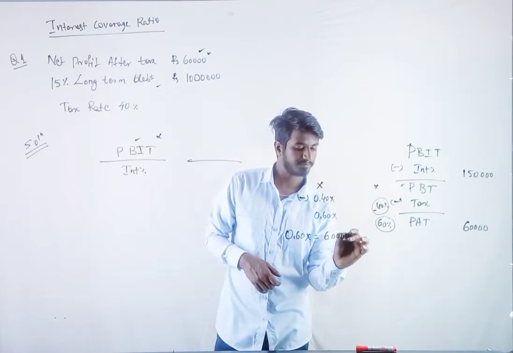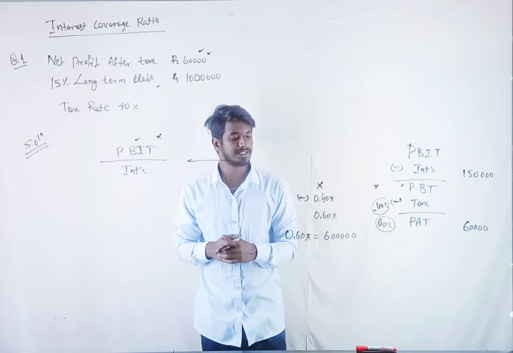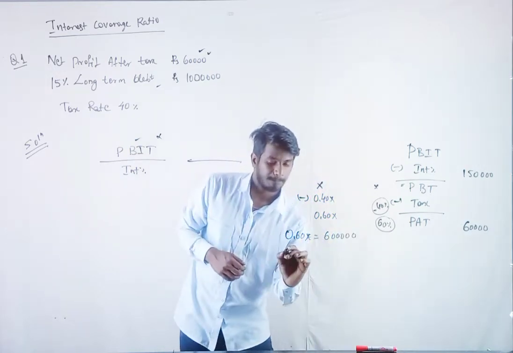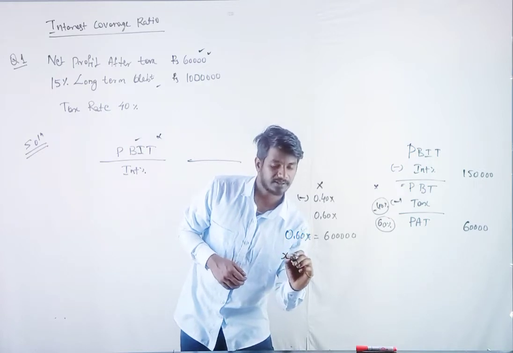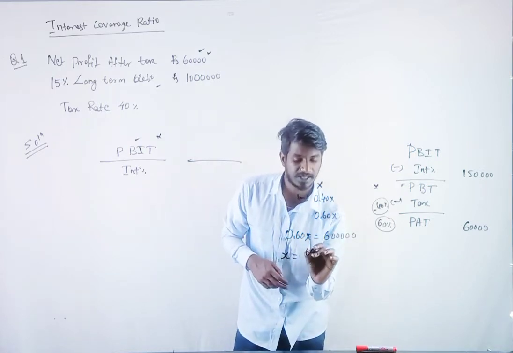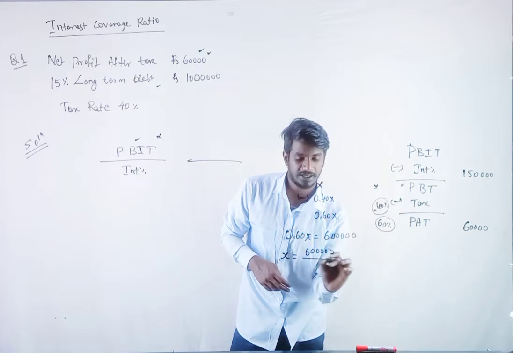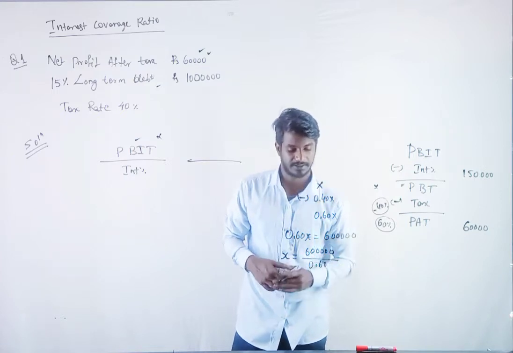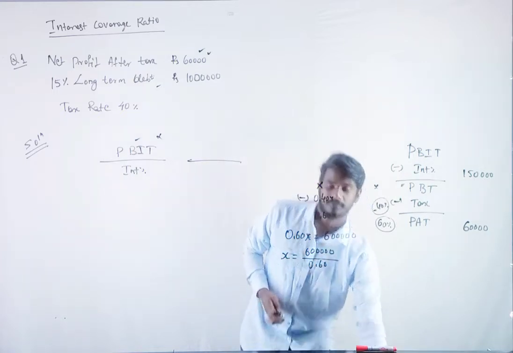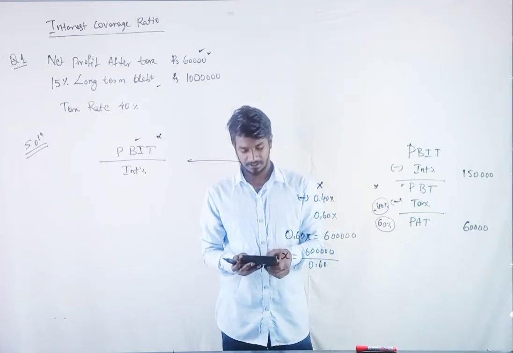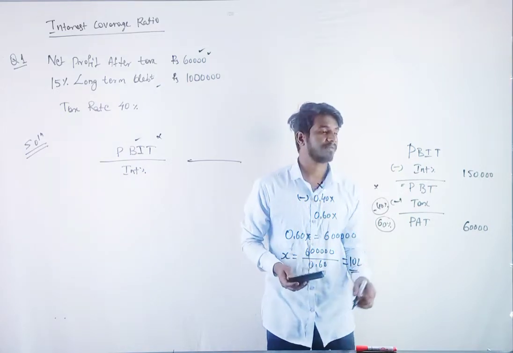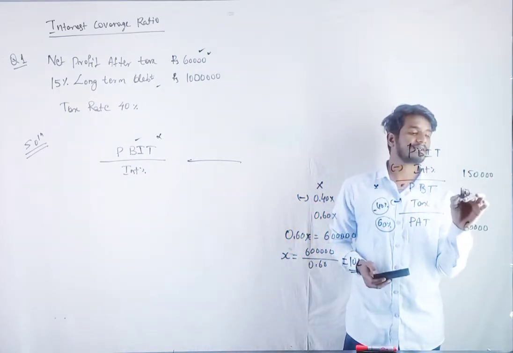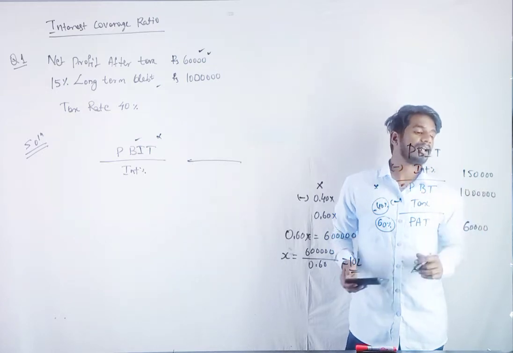Then x is equal to 6 lakhs divided by 0.60. How much does it come out? 10 lakh. Profit before tax is 10 lakh.